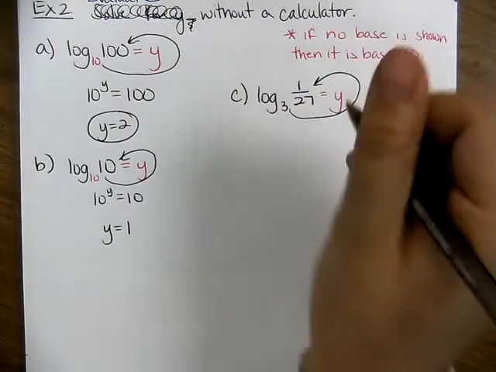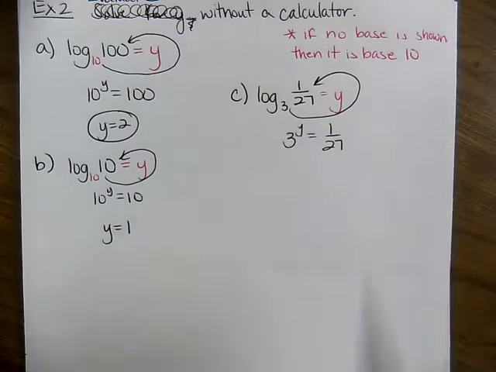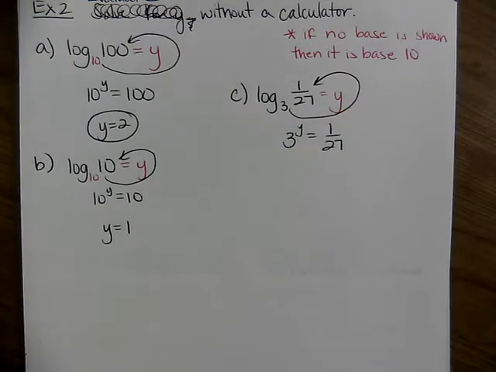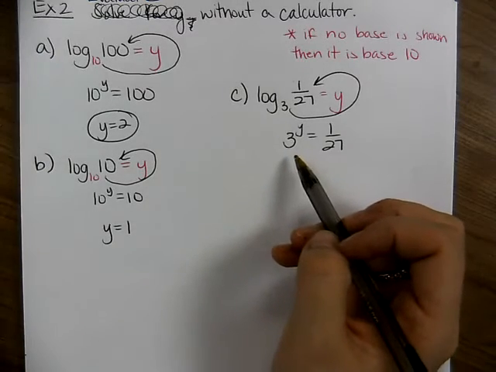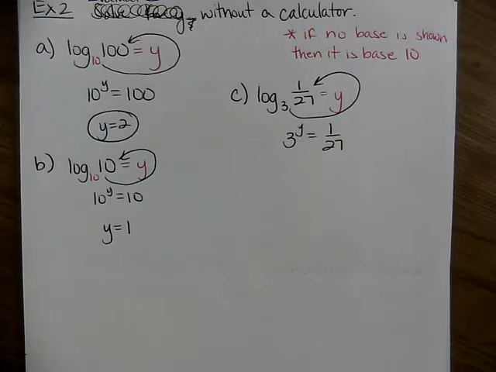We follow that around, changing it to exponential form. So 3 to the y equals 1 over 27. Now, we got to think about 1 over 27. What's 27? In terms of, can we get it to match a base of 3? Isn't it just 3 to the third power?